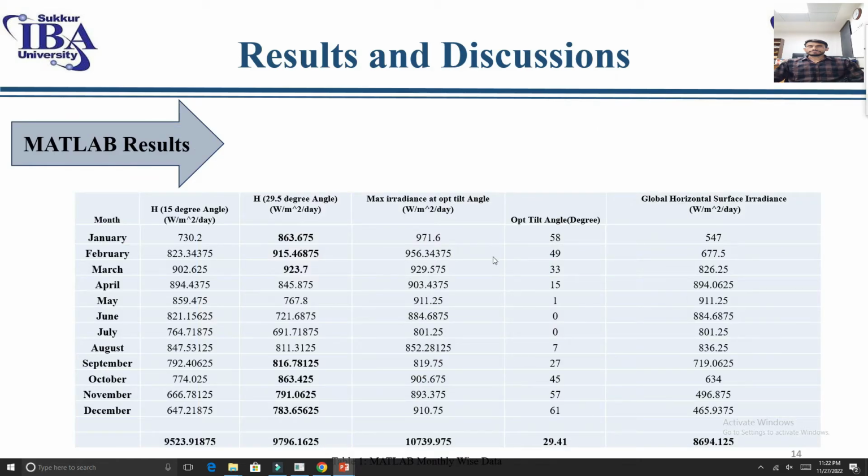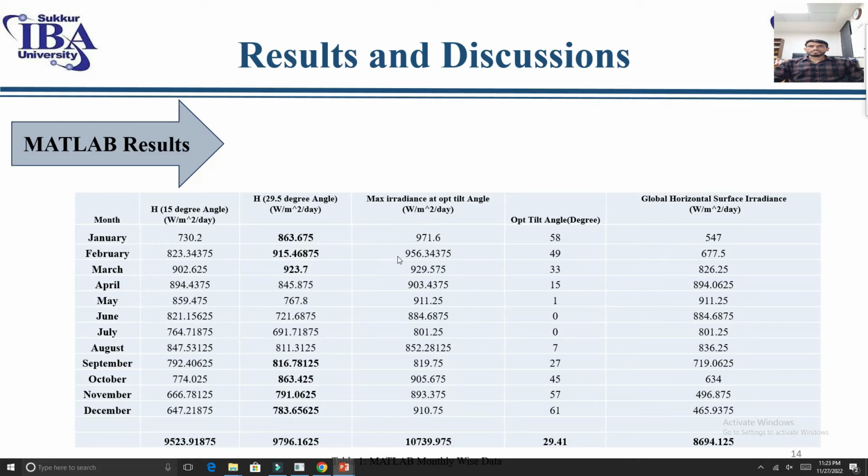These are the results of the MATLAB simulation. These are the irradiance levels of the 15 degree angle for each month, which is 9523 watt, and the irradiance level on the 29.5 degree angle is 9796, which is more than the 15 degree angle.